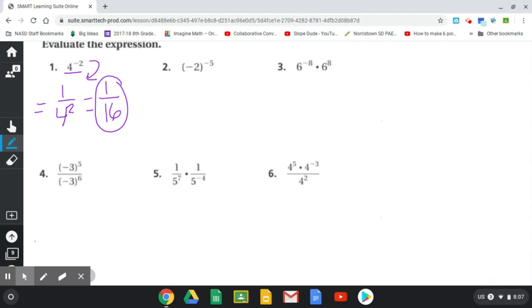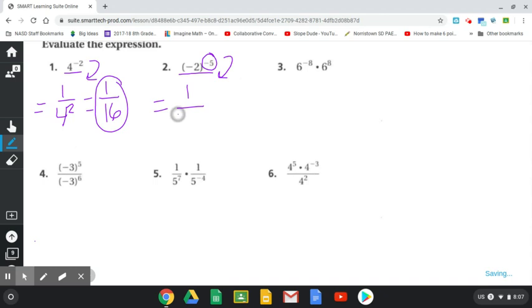Okay. Now this one, we have a negative 2 to the negative 5th. Okay. We have an imaginary fraction line there, right? So because we don't want this guy up here, we don't want that negative exponent, we have to flip it and put it under there and have a placeholder. So I have a placeholder 1 as the numerator.